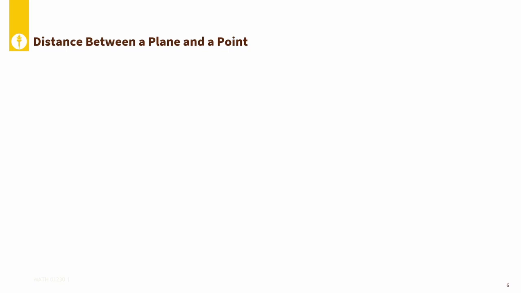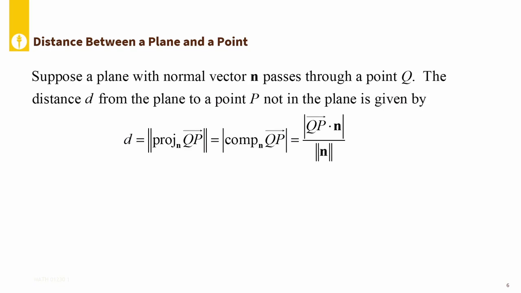Distance from a point to a plane. Again, by definition, we take the shortest distance from the point to the plane. We have a plane with normal vector n that passes through a point Q, so it contains the point Q. The distance from a point P not in the plane to the plane is the magnitude of the projection of the line segment QP onto n.